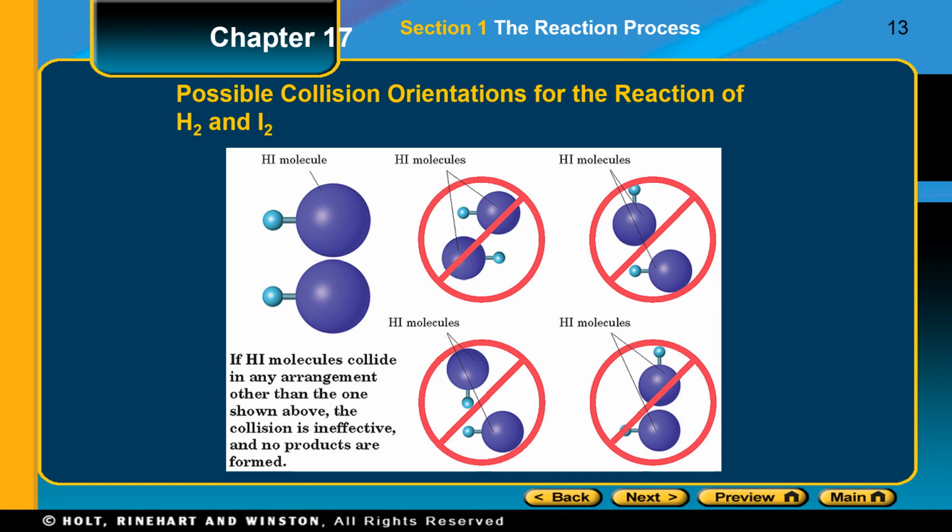In all the other examples that they show you here, the four others, their orientation is not favorable. In one of them, we have the two blue balls next to each other, but the purple ones are not next to each other in this bottom example on the left. So in all of these, the orientation was not favorable for a chemical reaction. In other words, we say the collision wasn't effective. No products are being formed.